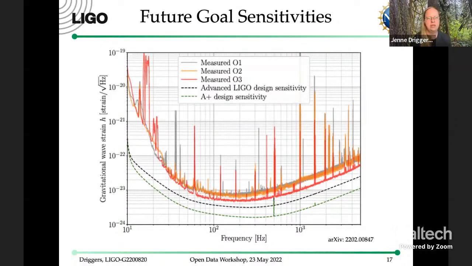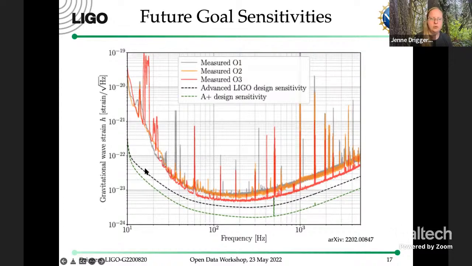The gray, yellow, and red traces are measured sensitivity from those 3 observing runs. You can see that we slowly made progress between our first and second observing runs. In our third observing run, we were able to do much better.